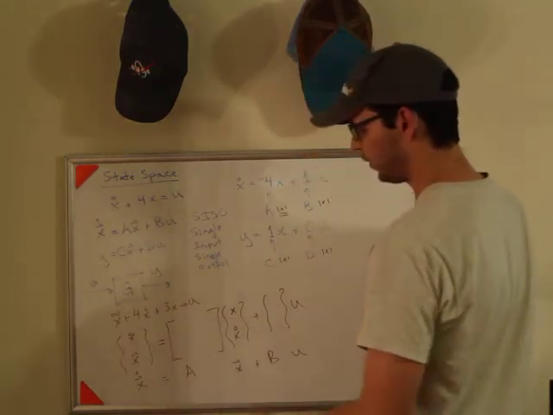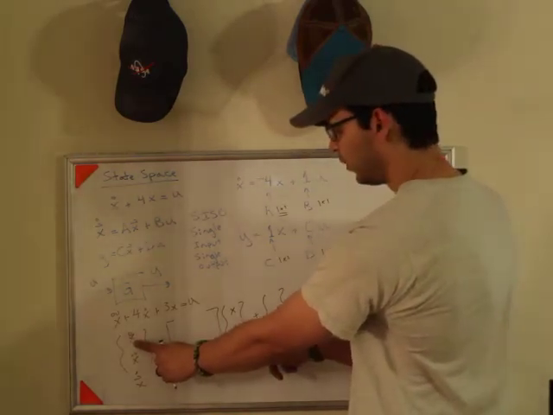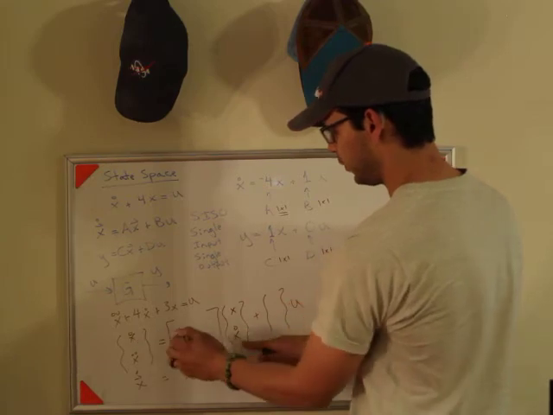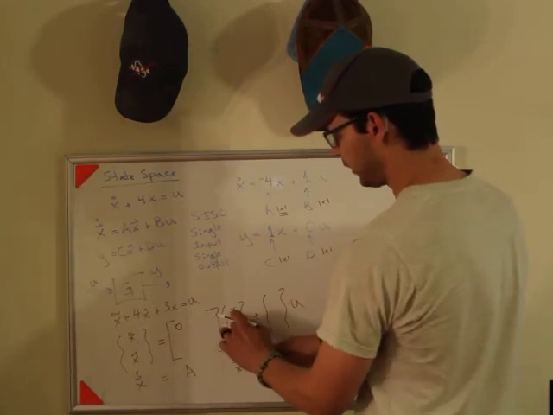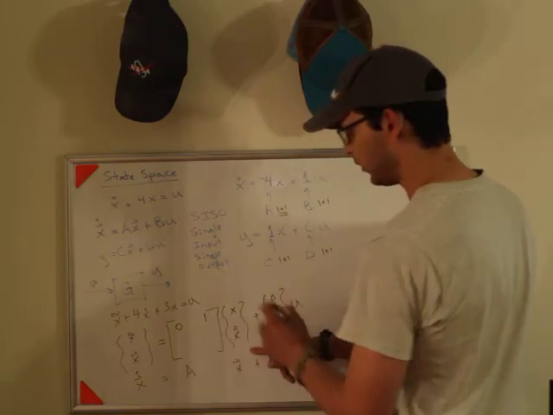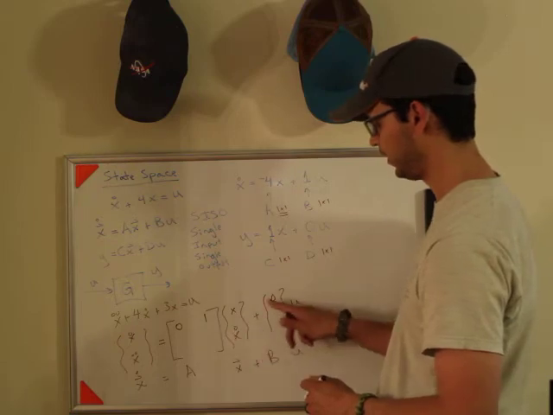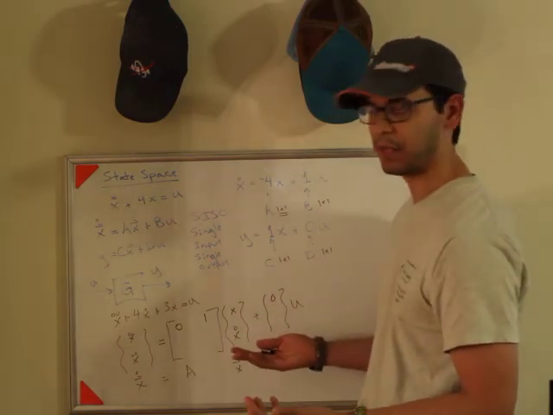So now how do you fill this in? Well, I have an x dot here and I have an x dot here. So if I look at this, x dot is equal to 0 times x plus 1 times x dot plus 0 times u. So 0 times x, 1 times x dot, 0 times u. You basically did the same thing.